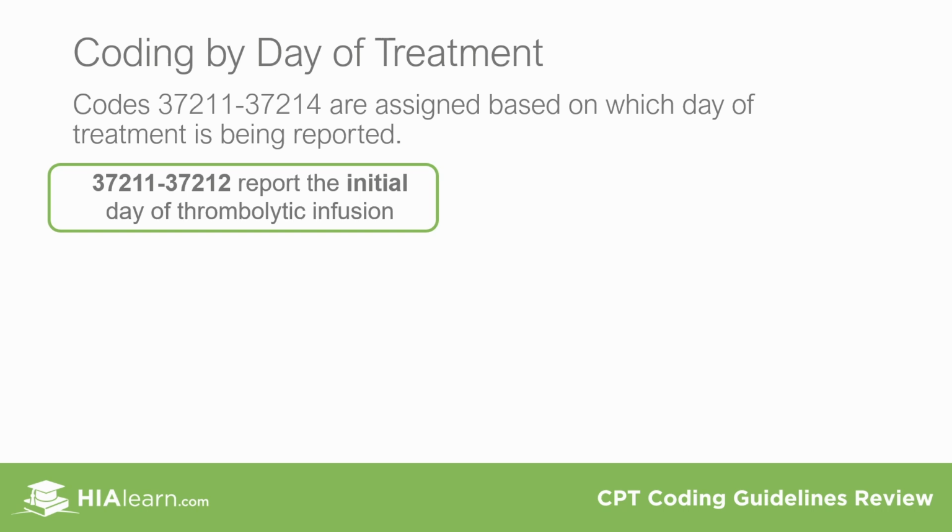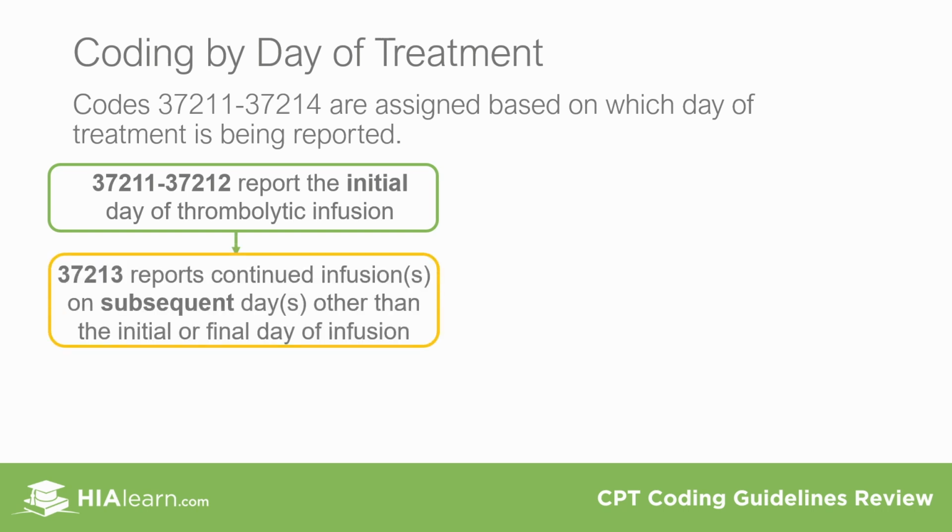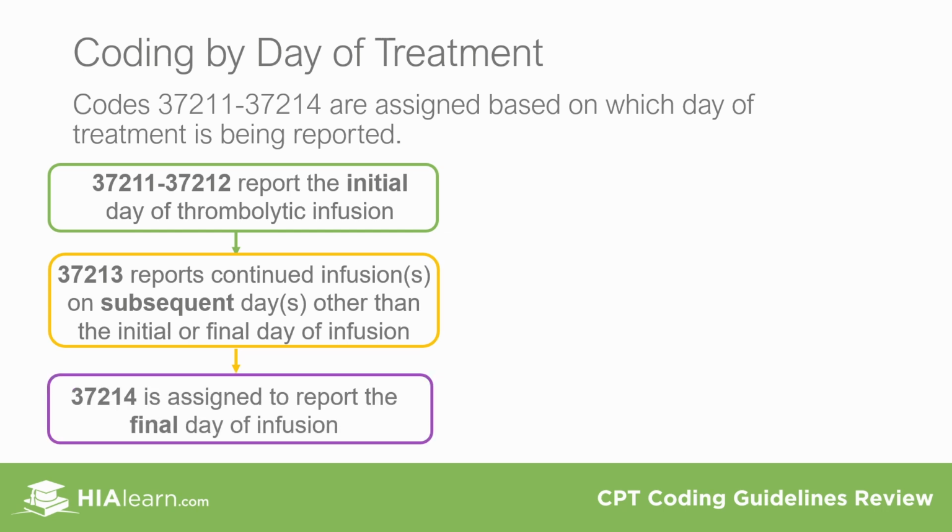These codes are differentiated by whether thrombolytic infusion is being administered into an artery, 37211, or a vein, 37212. 37213 reports continued infusion or infusions on a subsequent day or days other than the initial or final day of treatment. And code 37214 is assigned to report the final day of a multi-day infusion.